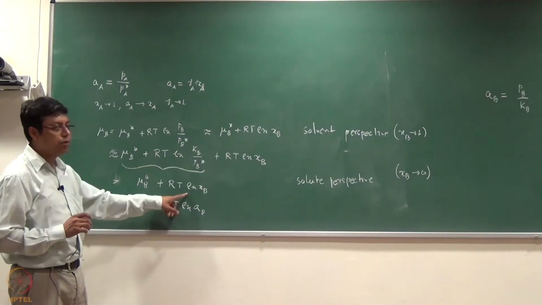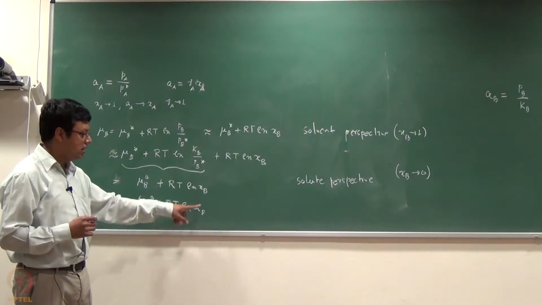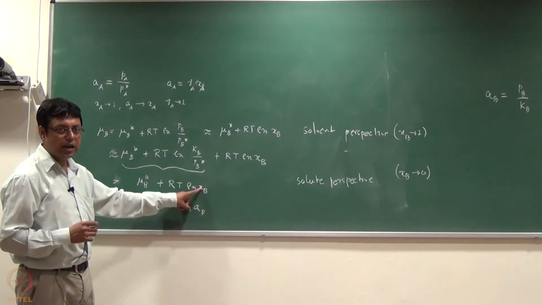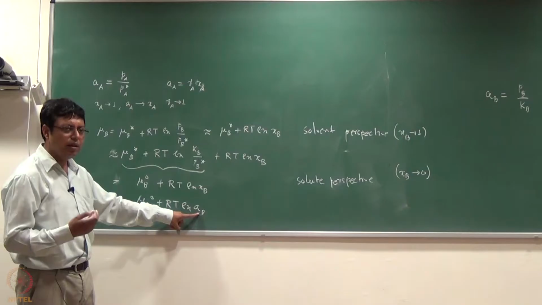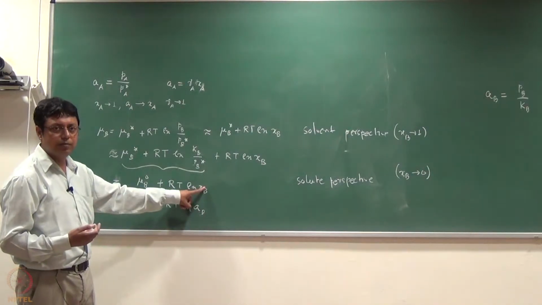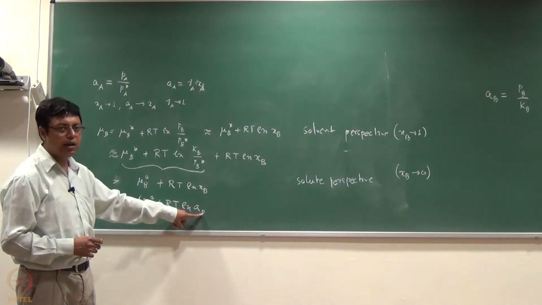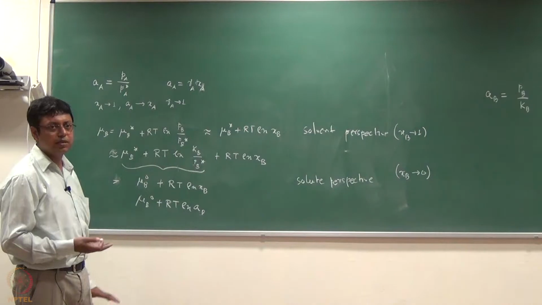This is an approximate thing. Exact versus approximate: can I write this exact term and connect it to the approximate? Again, it's the same thing. I'll write AB as proportional to XB, or the effective mole fraction, and then I can write the activity in terms of the activity coefficient times the mole fraction. Same one.